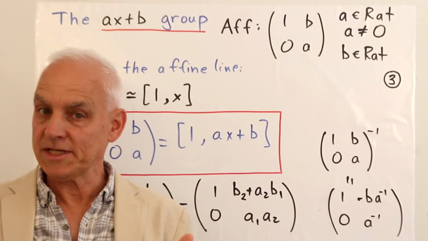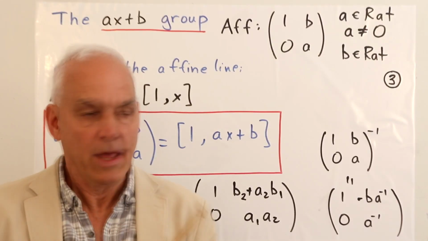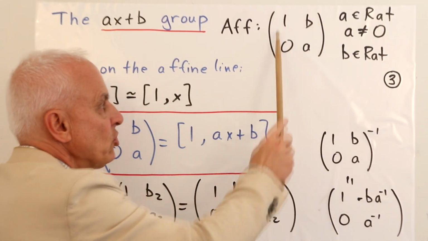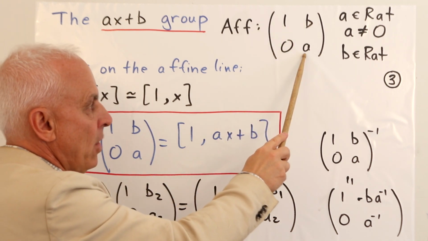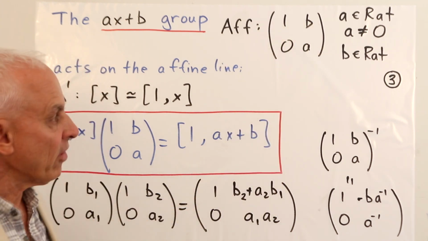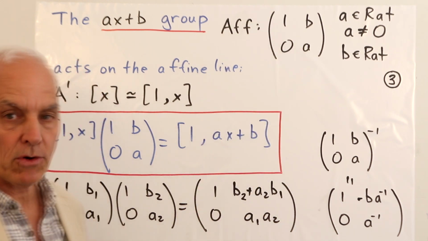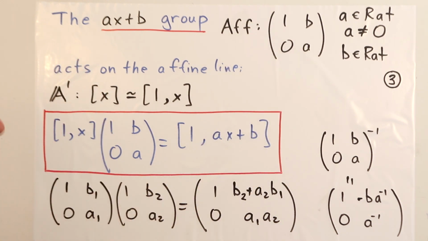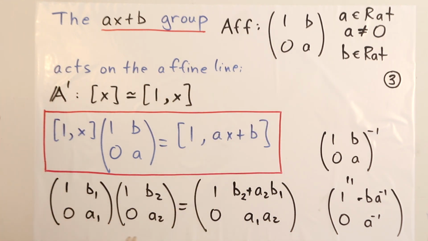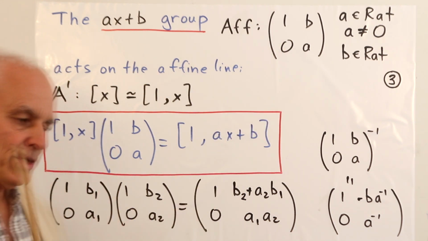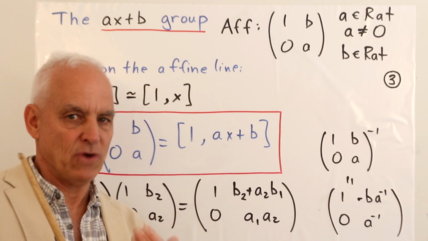Okay, so let's introduce the affine group, consisting of 2 by 2 matrices of the form (1, b; 0, a), where both a and b are rational numbers, but a has to be non-zero in order for that to be an invertible matrix. Now, such a matrix will act on the affine line once we make a slight change of notation.